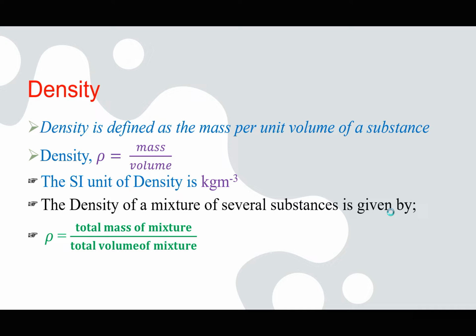So density is a scalar. We cannot talk about direction of density because it has no direction. So density is a scalar quantity because it has only magnitude. We can't tell the direction of density. If you are given, for example, water and they tell you to find the density of water, you can't tell the direction of the density of water. So density is a scalar quantity.